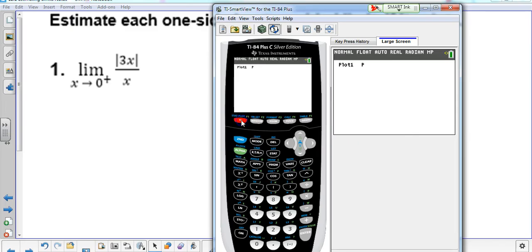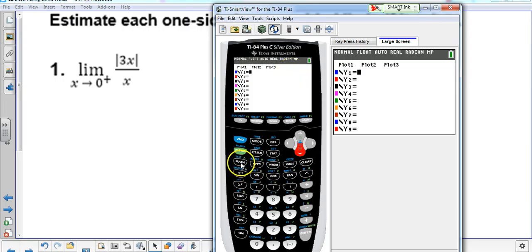Then go to y equals. Make sure your plots are turned off at the top. We were doing some stats last week. If there's a darkened box up here, just go up arrow, enter, until those are all just the words Plot 1, 2, and 3 without any boxes around them.